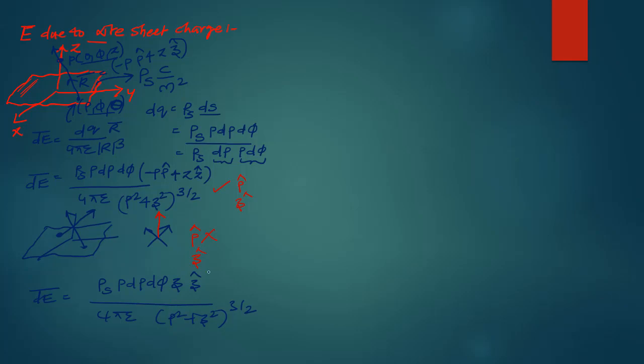We have to do the integration, remaining all are constants. So accordingly I am writing the equation. Rho_s is constant, rho is variable, phi is variable, but z is constant. Z cap I am writing here by 4 pi epsilon. Next, whatever the variables are there, I am writing here, rho d rho d phi, and here rho square plus z square whole power 3 by 2. This is what we have. For this we have to do the integration.